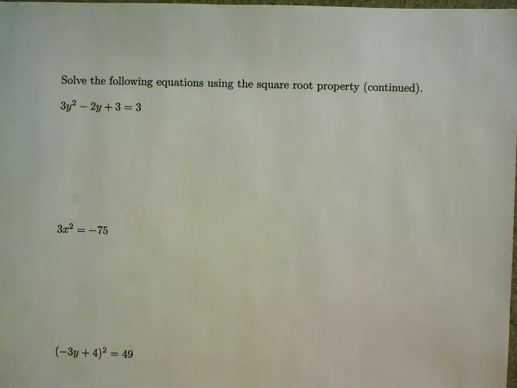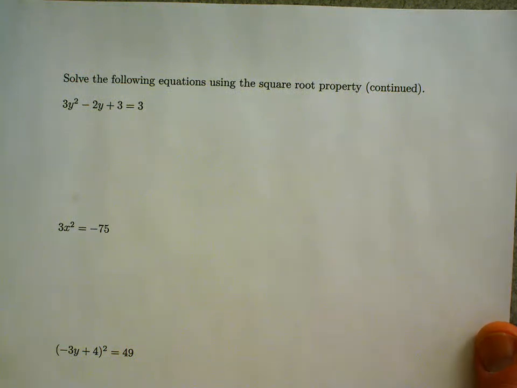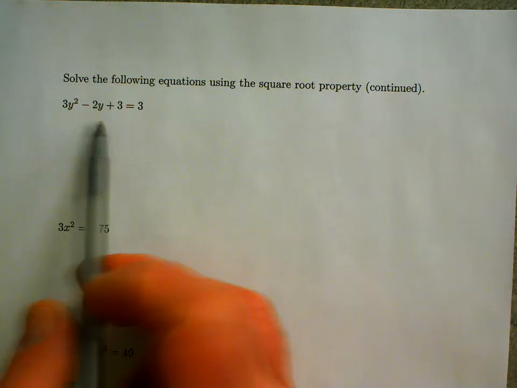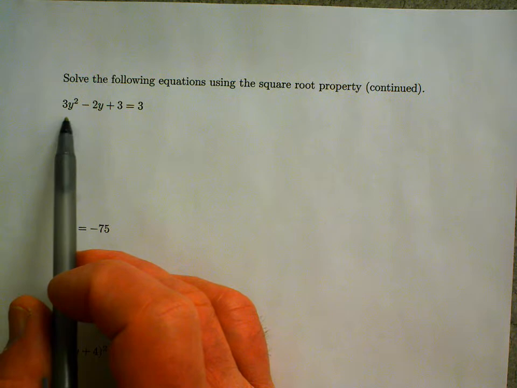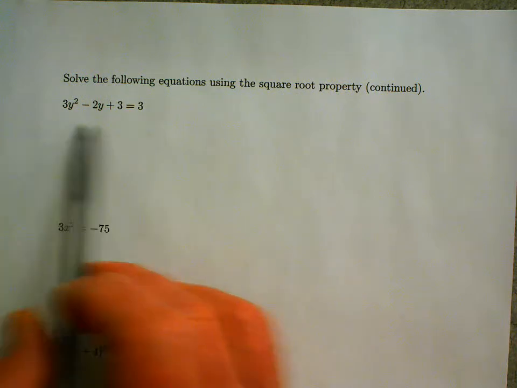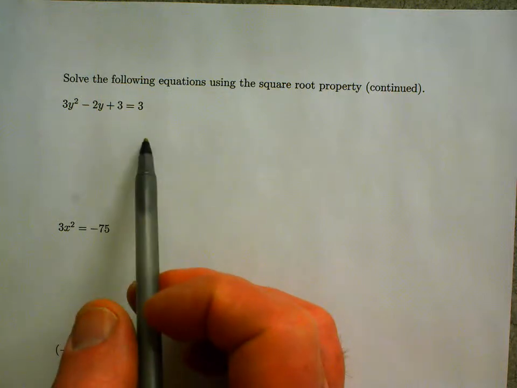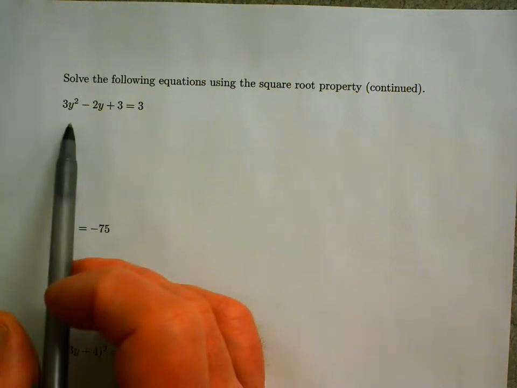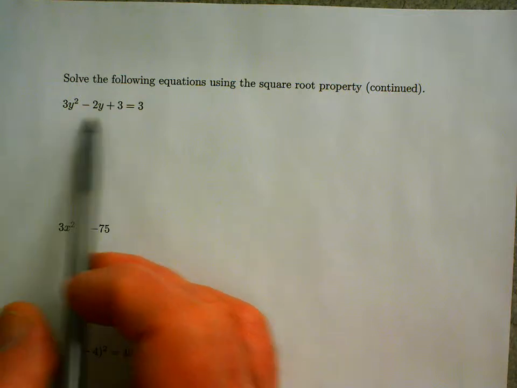Okay, on this one, 3y squared minus 2y plus 3 equals 3. So here we're considering an equation that we will eventually learn how to solve by using the square root property.